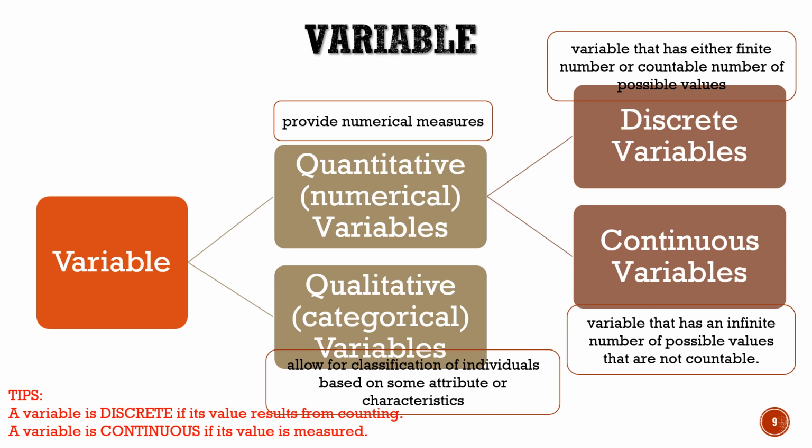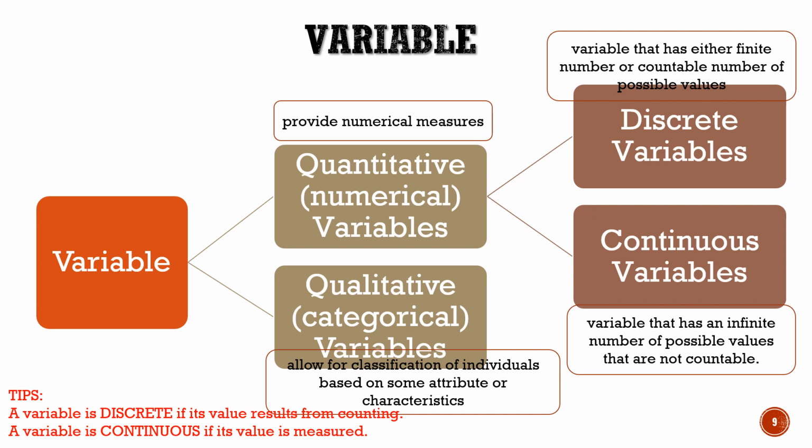For the quantitative variables, that is the numerical value or the numerical characteristics of our variable, there are two types: the first one is discrete variables, and the second one is called continuous variables.